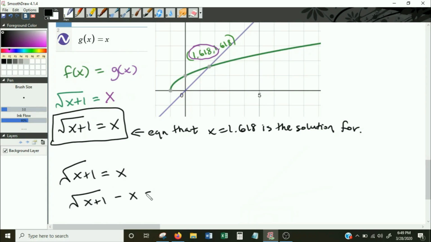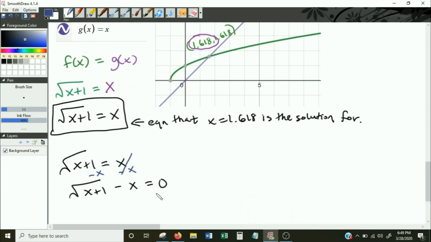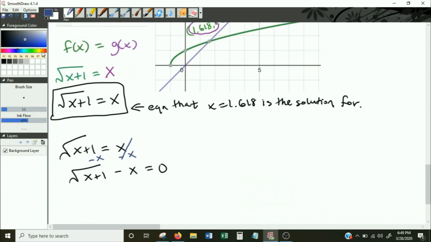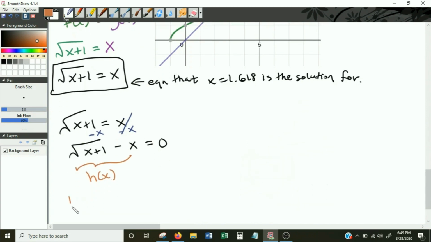I'd subtract x from both sides. If I do that, these will cancel out and I'll be left with 0. And then I'll call this side here h of x. So that means h of x is equal to this, and that's equal to 0.